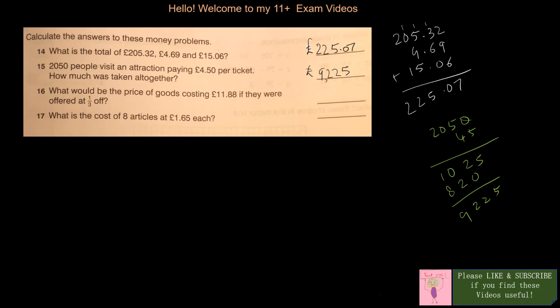Okay, what would be the price of goods costing 11.88 if they were offered at 1/3 off? So 1/3 is off, so what should be the price? The price is going to be 2/3 of 11.88.